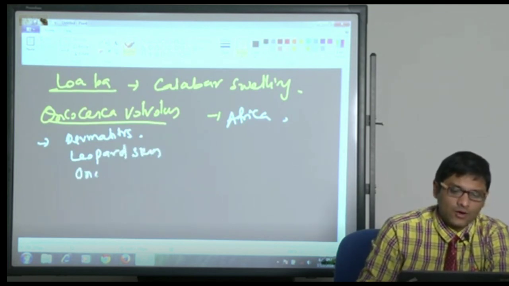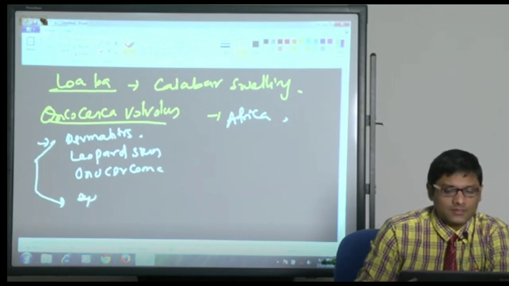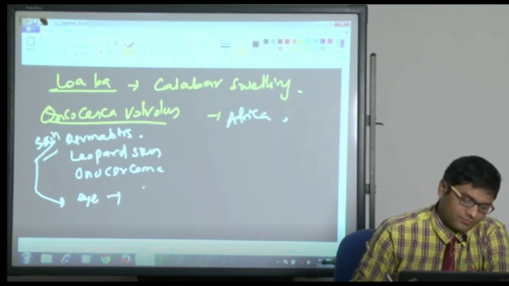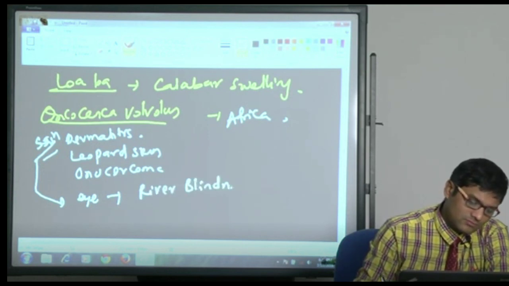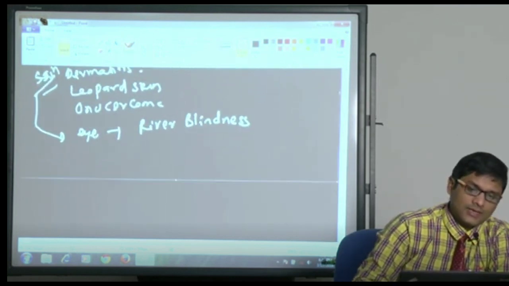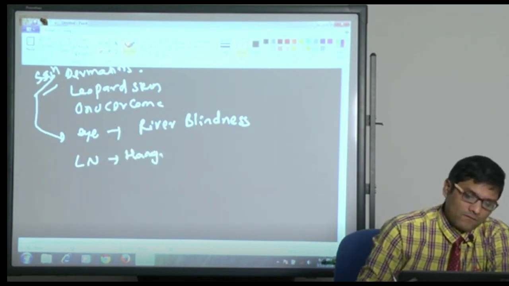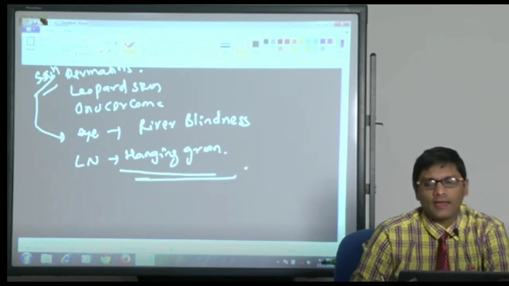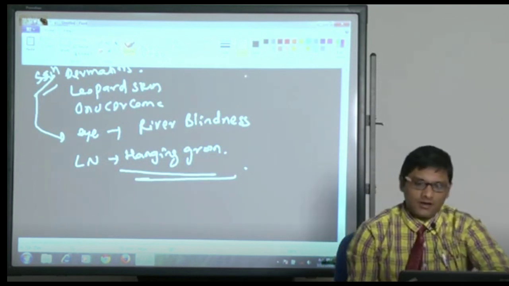Nodule called onchocercoma. Apart from that, ocular manifestation: it causes river blindness. And the lymph nodes will be hanging from the groin region, and this particular sign is called hanging groin.